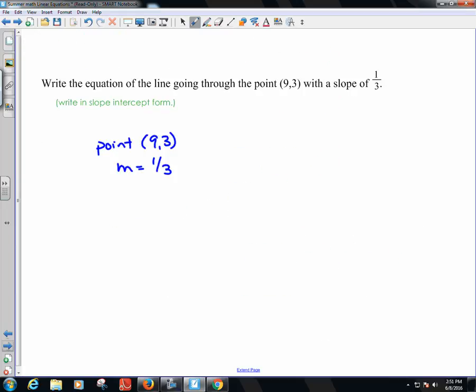So my original formula, point-slope formula, was y minus y1 equals m times x minus x1. This is x1, this is y1. And it does tell me that I need to write it in slope-intercept form. That's y equals mx plus b. So let's fill in what I've got.